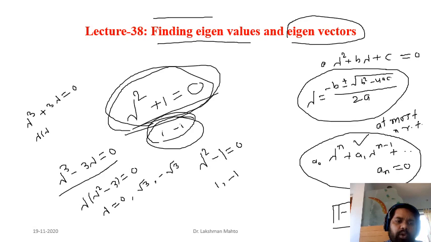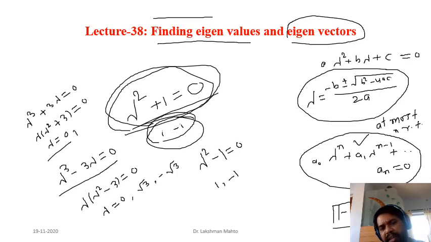Take lambda common, so your factor would be lambda square plus 3 equal to 0. If you solve this one, you will get only one real root, that is 0. The other roots happen to be complex roots.